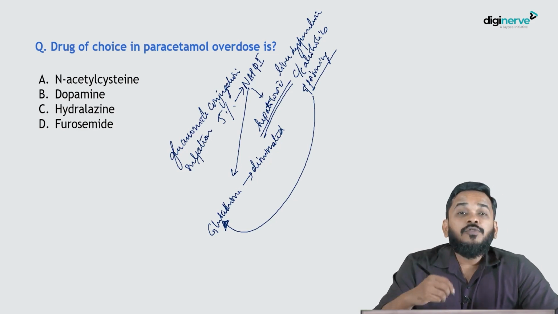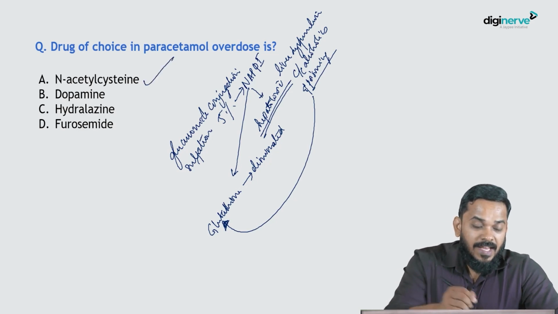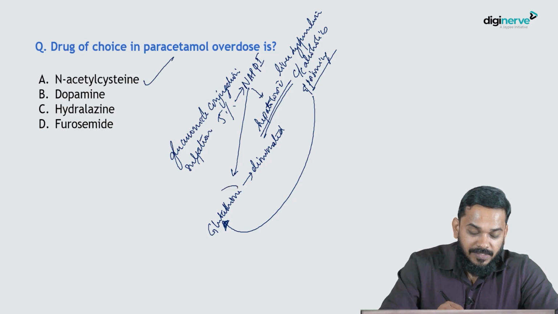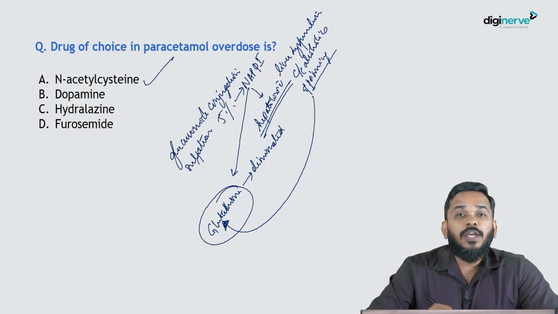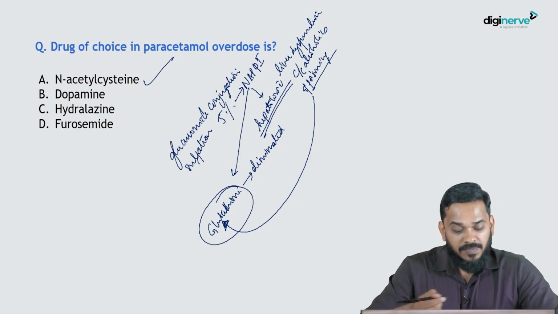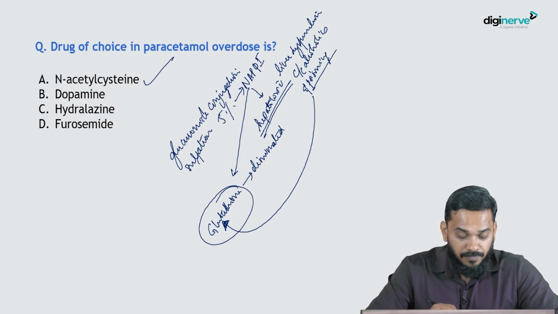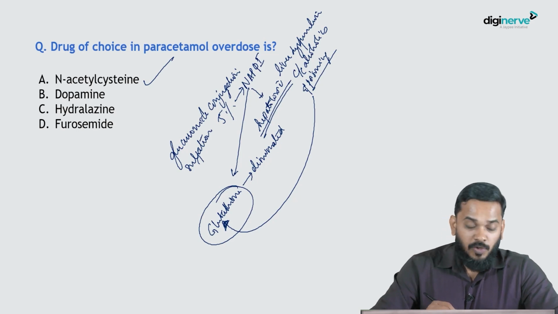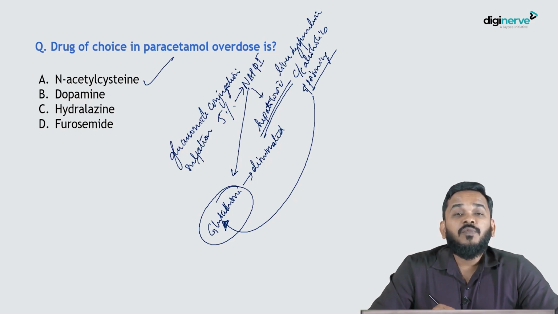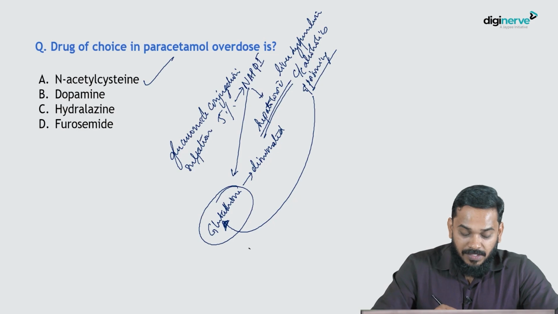So the antidote for paracetamol overdose is N-acetylcysteine. N-acetylcysteine will replenish this glutathione, which will help in the conjugation of NAPQI and subsequent elimination, preventing hepatotoxicity.